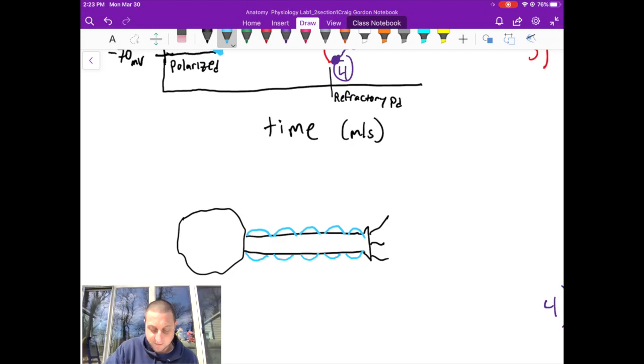The sodium can only be brought in at those little nodes, the nodes of Ranvier. So when the sodium channels open over there, it's kind of nice because what you get is a nice flow of charge going across. You get an action potential going and going across the whole region where that myelin sheath is, and then you can have another action potential.